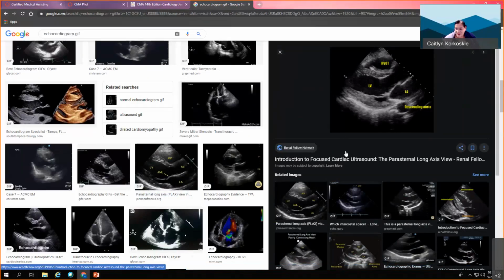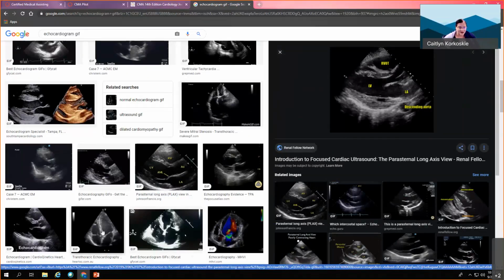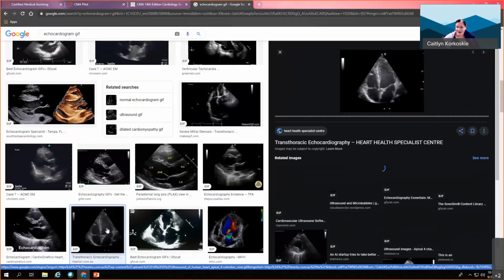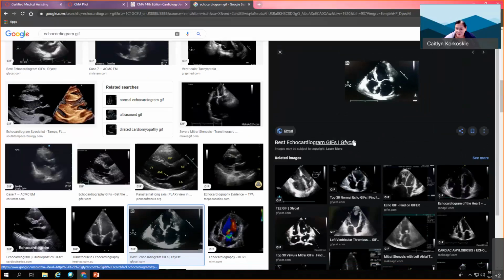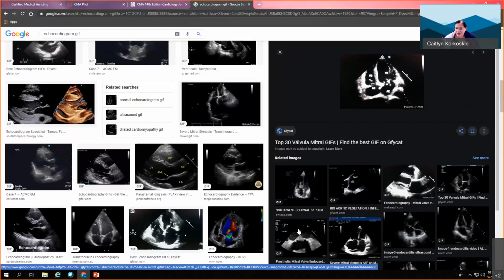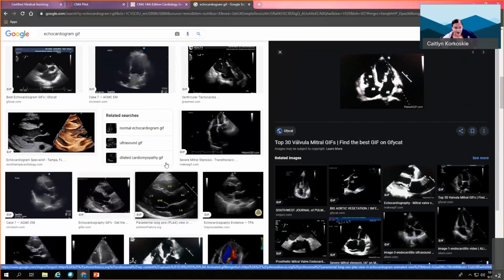So it looks much different on an ultrasound than you would think. I don't know what that person has going on there.